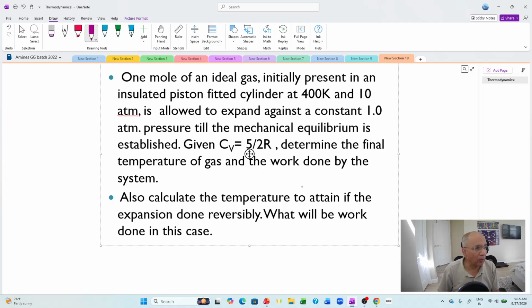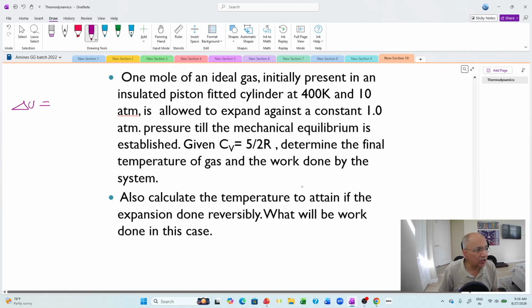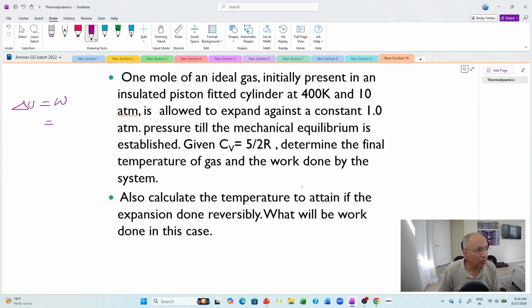Now to solve this problem, del U is equal to work done, which is equal to minus P external into V final minus V initial, del V. So that is equal to minus P external, given as 1 atmosphere, minus 1 atmosphere into, in place of V final, it will be nRT by P. Here n is 1.